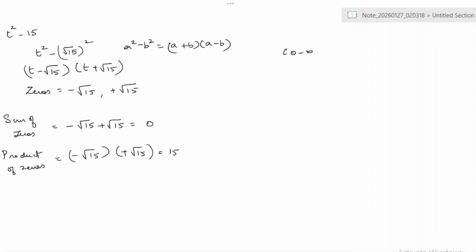For coefficients, p of x is equal to t squared minus 15. Now a will be 1, b will be, coefficient of x is not there, so we will just put 0. Now the constant coefficient will be minus 15. Sum of zeros is equal to minus b by a.